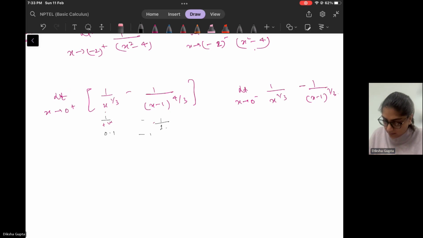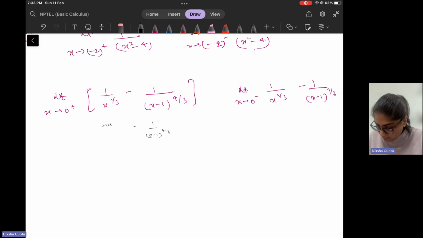At 0 plus this will be positive, right? And this will be 1, tending to 1 upon 0 minus 1, 4/3, 1 raised to power.